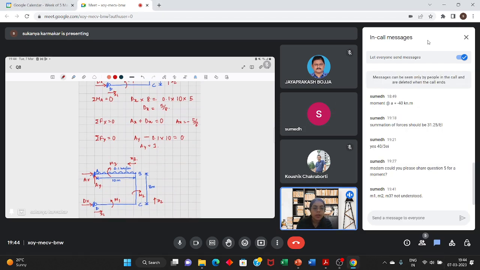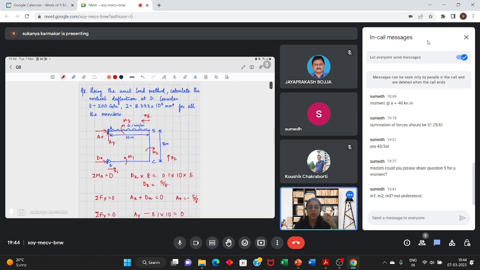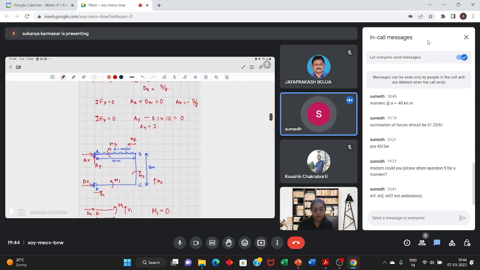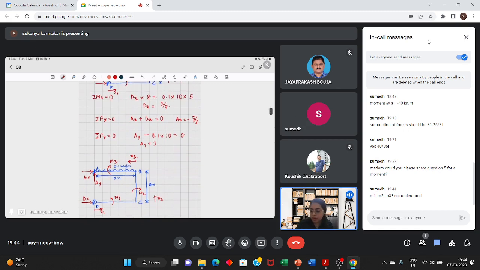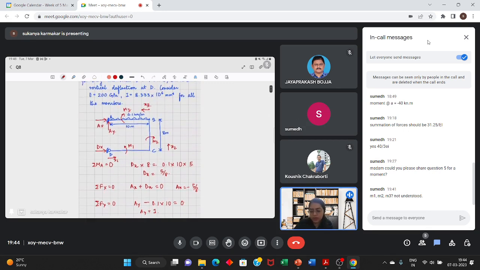Here, I'm simply calculating the moment because of the external load, since these support reactions were because of this UDL.